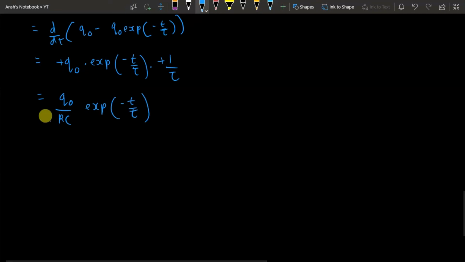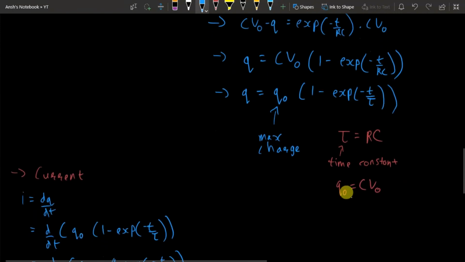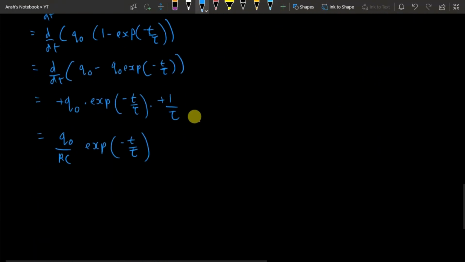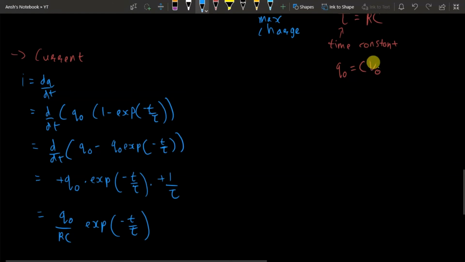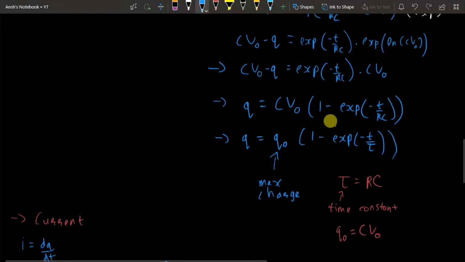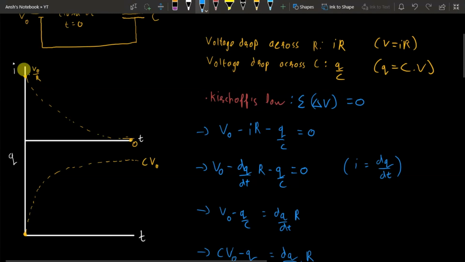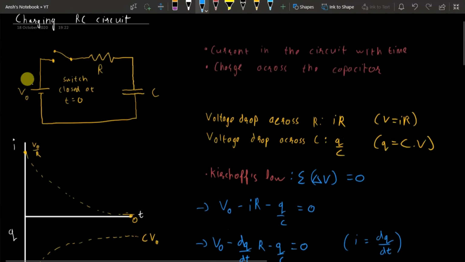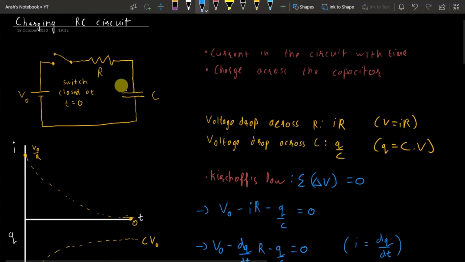Now we know that Q naught over C can simply be written as V naught, and V naught is the potential provided by the battery. So this can be written as V naught over R times exponential of minus t over tau. And V naught over R was the maximum current that flowed in the circuit initially when the capacitor is completely uncharged.